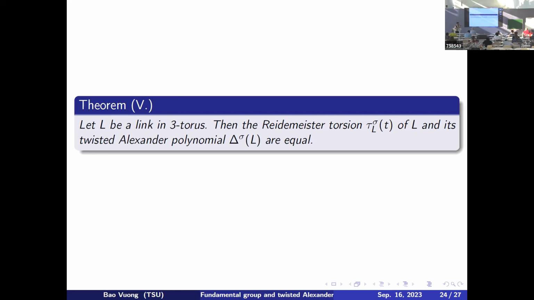And as in the work by Milnor, when he gave another proof of the symmetry of the Alexander polynomial using duality, using the same type of argument we proved that the Reidemeister torsion of the link complement in the three-dimensional torus is the same as the twisted Alexander polynomial.